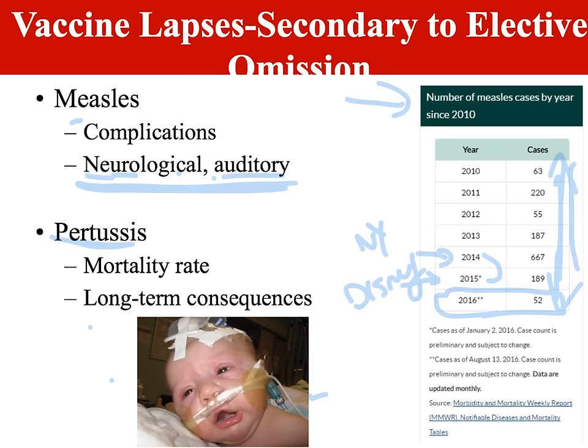And so it's our job to communicate in an open, non-condescending way that there is a serious consequence to elective omission of vaccinations. There's a community consequence, there's a societal consequence, and there's a consequence for that parent's own child. And it's just something that we need to communicate loudly and clearly.